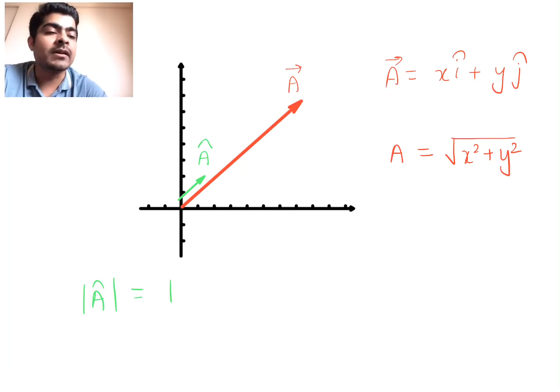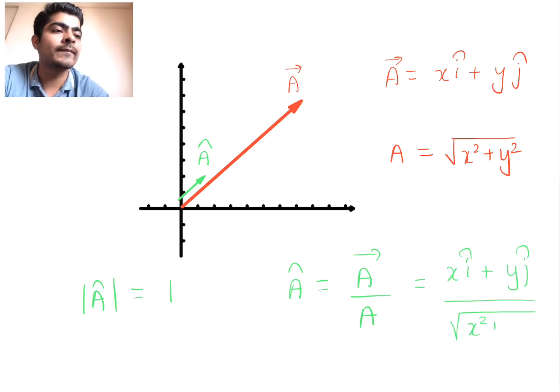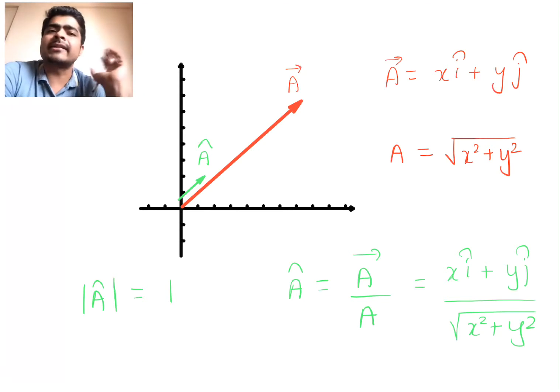That's very easy. So a cap will be given by a vector divided by its magnitude a. So you could write this down as x i cap plus y j cap divided by root of x square plus y square. It's that easy. Just write the a vector, that is x i cap plus y j cap, and divide by the magnitude of the vector. That's it. You found the unit vector.